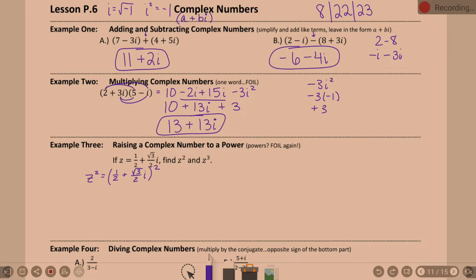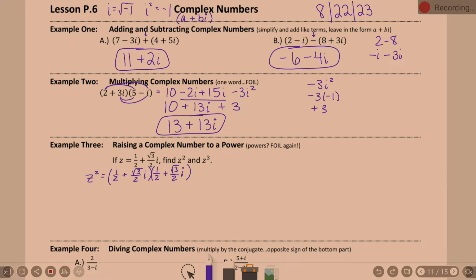In other words, 1/2 plus square root of 3 over 2i, quantity squared. Just write the equation. So when we do z squared, that means we're going to multiply by another 1/2 plus square root of 3 over 2i.